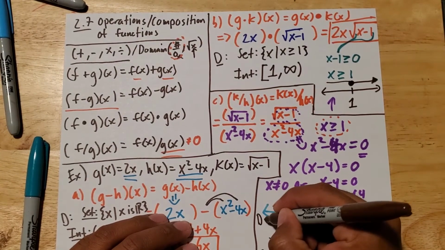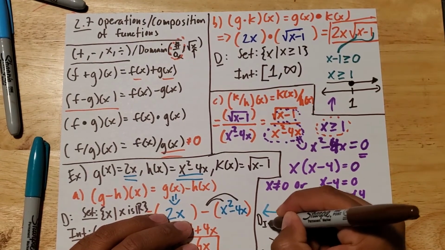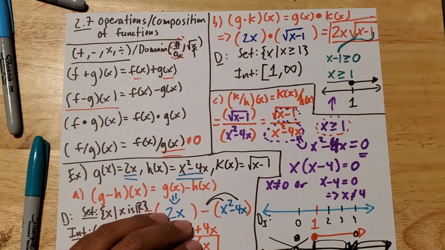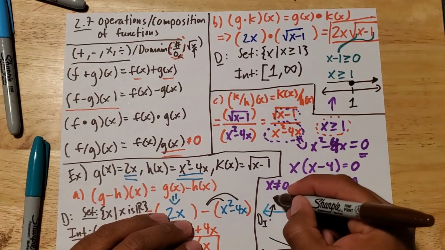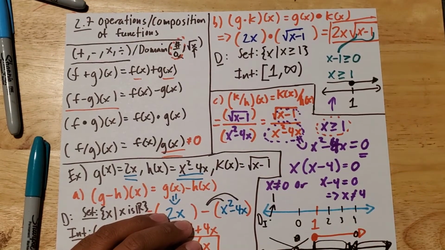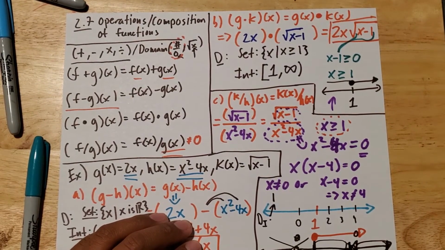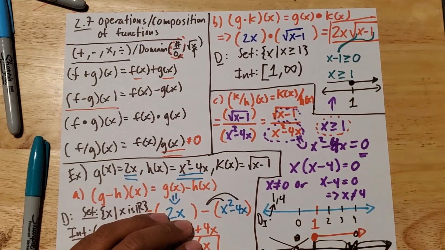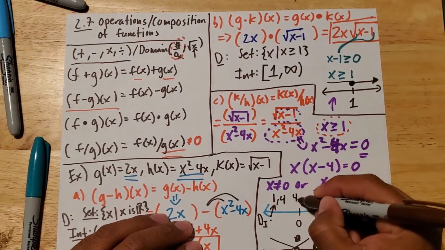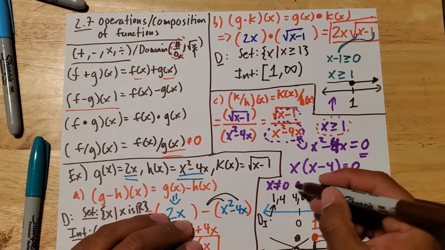So domain, I'm going to put I for interval notation. It starts at 1. Starts at 1. Stops at 4, and then starts again at 4, and then continues to positive infinity.